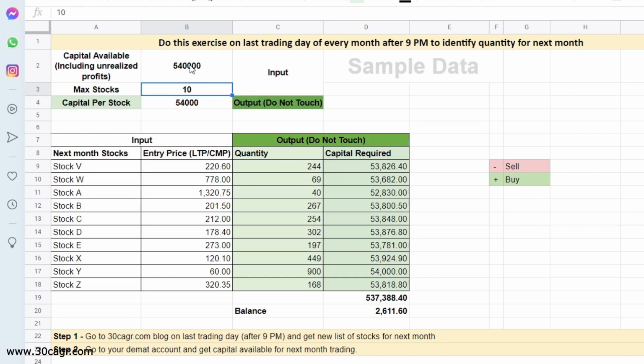Once you input these two cells, you get a direct output here. This is a simple division which gives the capital that we are going to trade in each stock. Since I entered 5,40,000 and 10 maximum stocks, 5,40,000 divided by 10 is 54,000.